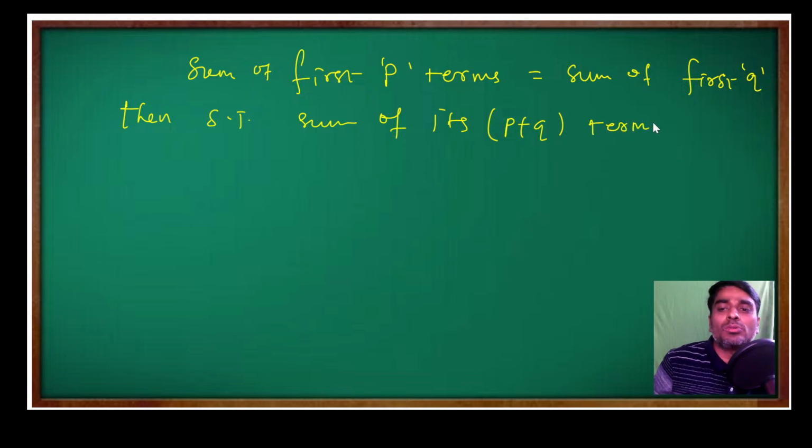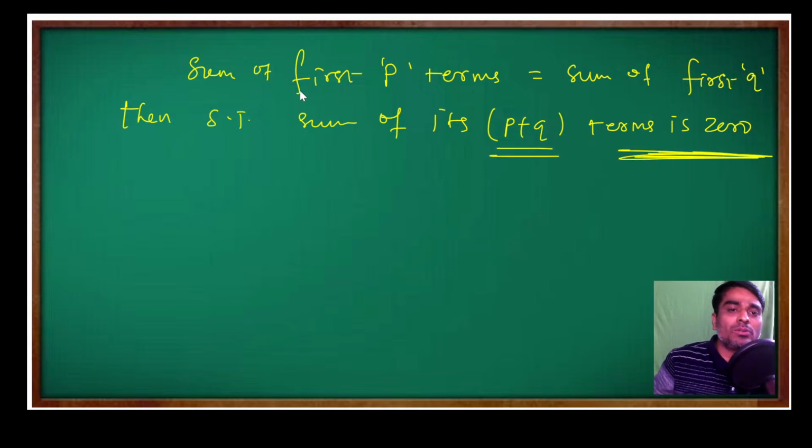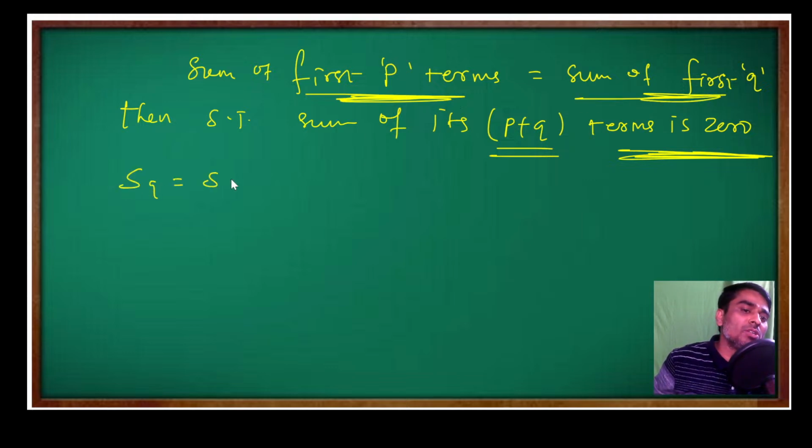P plus q terms you need to show 0. They have given you sum of first p equal to sum of first q. That means Sp is equal to Sq.